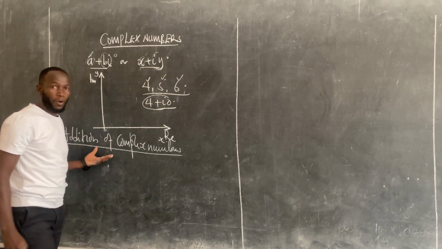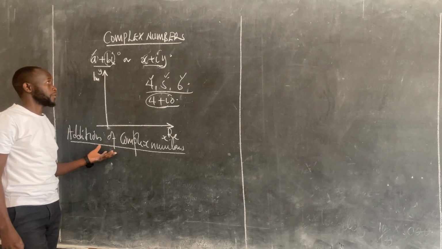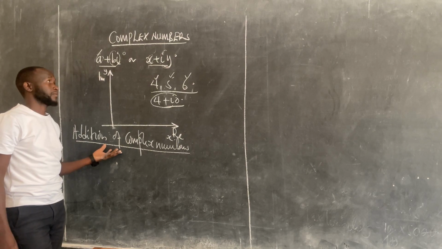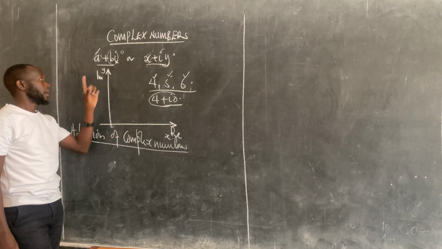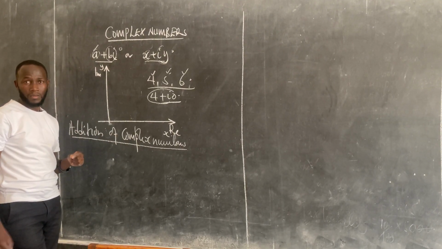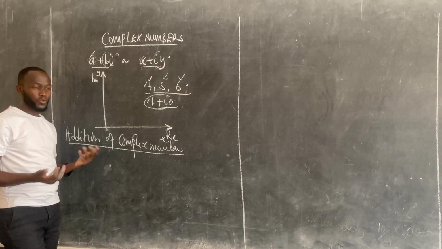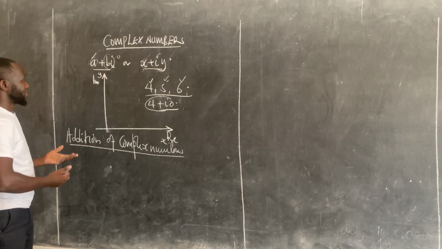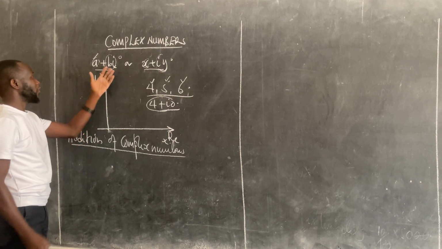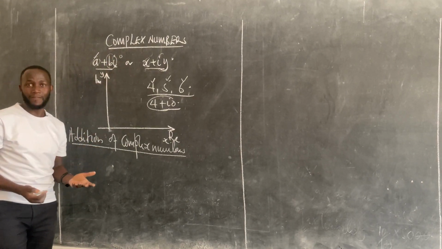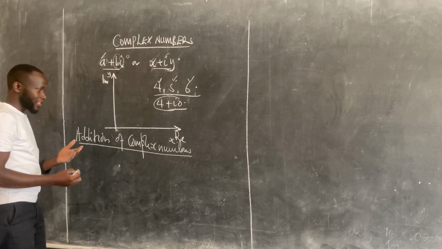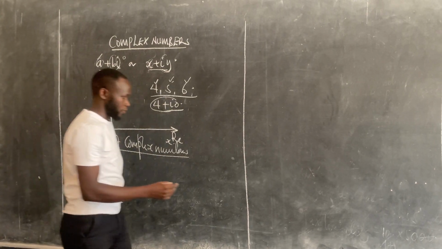Before adding complex numbers, ask yourself, why is it that we have i on this? How do we equate i? How do we realize that i equates to a certain value? Now, mathematicians settled that. In fact, this will confuse you.